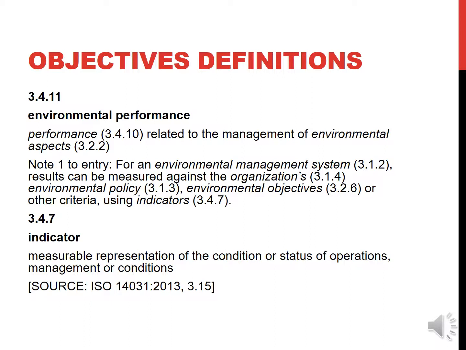And an indicator is simply a measurable representation of the condition or status of operations, management, or conditions. Think of an indicator as a temperature scale. The indicator is the degrees, it's marked there on the thermometer, and that's simply an indicator of temperature.